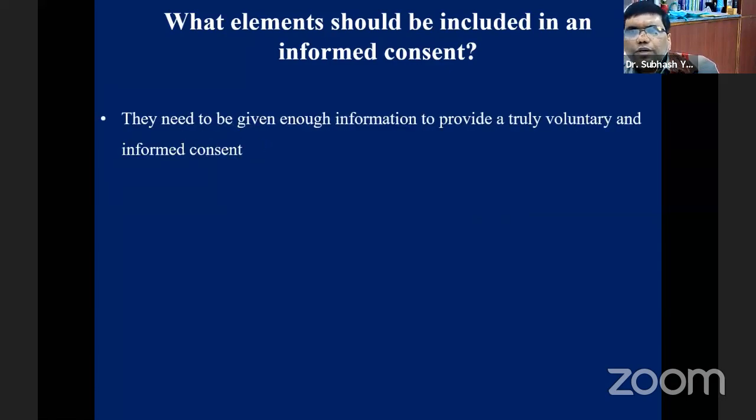So what elements should be included in informed consent, like in those documents, what should be there? As I told you, they need to be given enough information to provide a truly voluntary and informed consent. There should be language which always states that this is totally voluntary, and you read it and you decide.